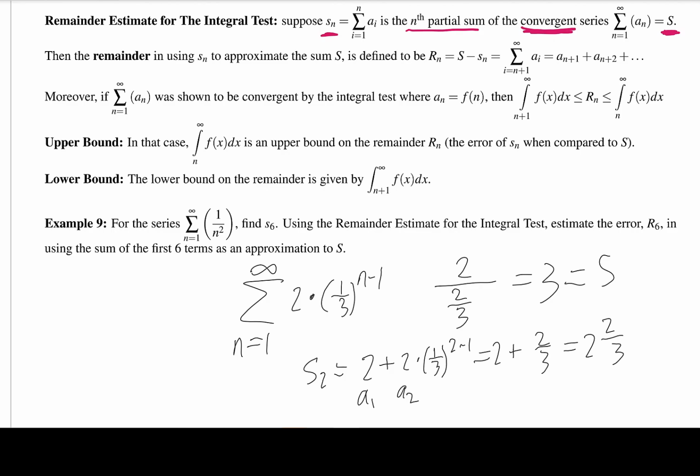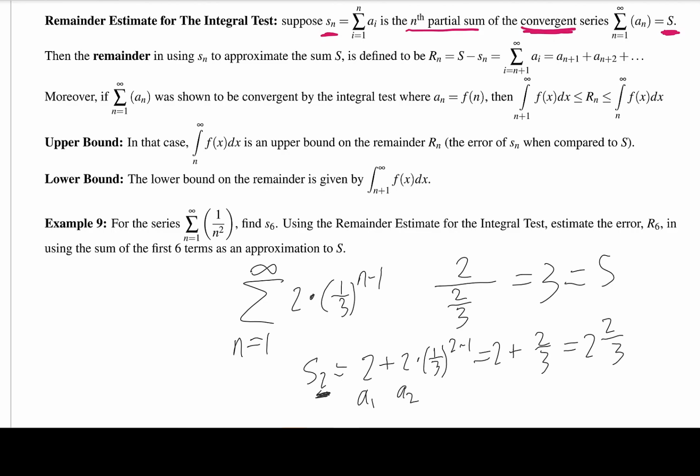Now, this series was a pretty easy one to use, but what this remainder estimate is for is if we get a more complicated series, or we're using a higher value of n for our S sub n, the remainder estimate lets us know how close we're going to be.